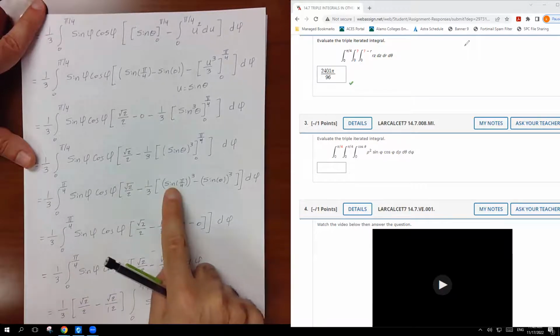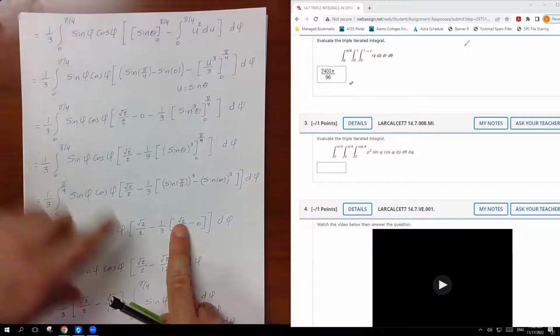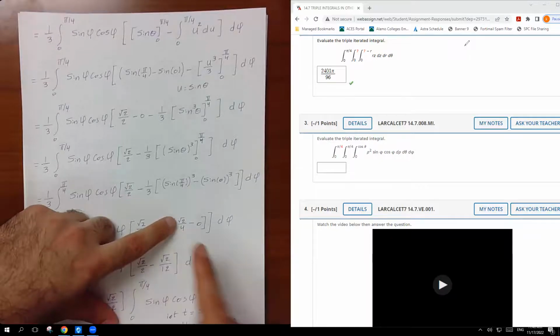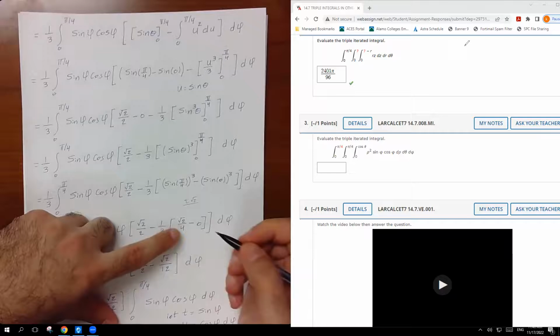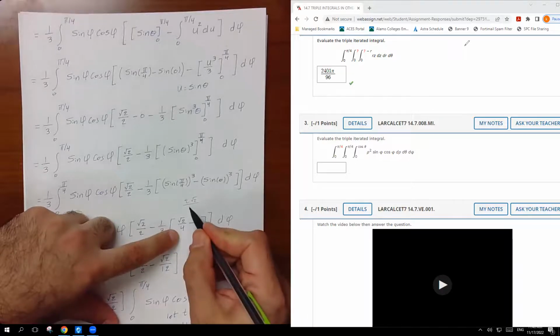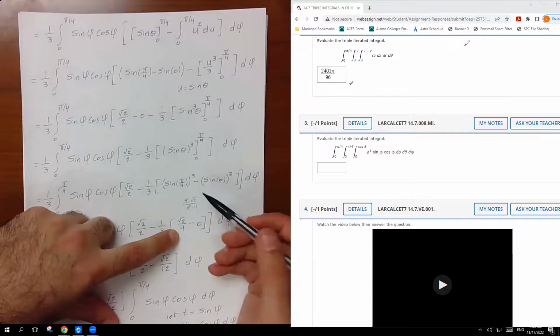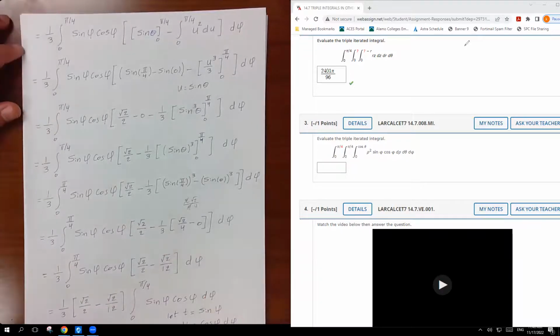Sine pi over 4 is square root of 2 over 2, and cubed, we get square root of 2 times square root of 2 over 2 times 4. Simplify: 2 cubed is 8. Simplified, it's square root of 2 divided by 4 minus 0.